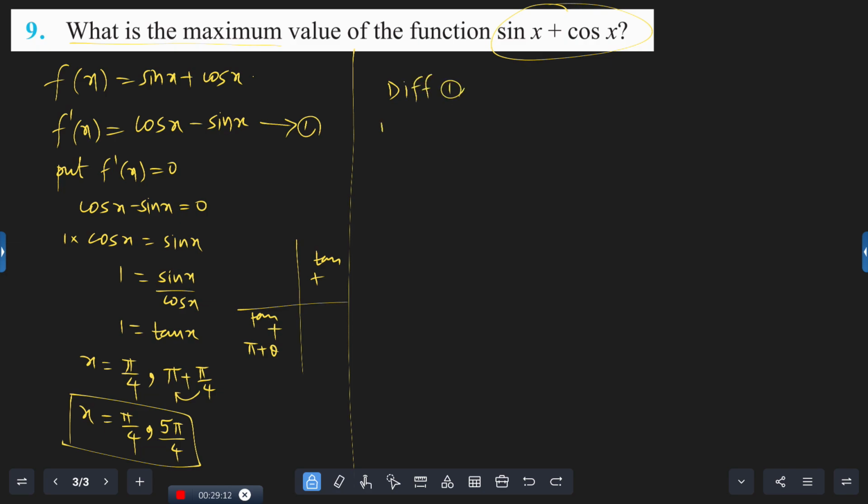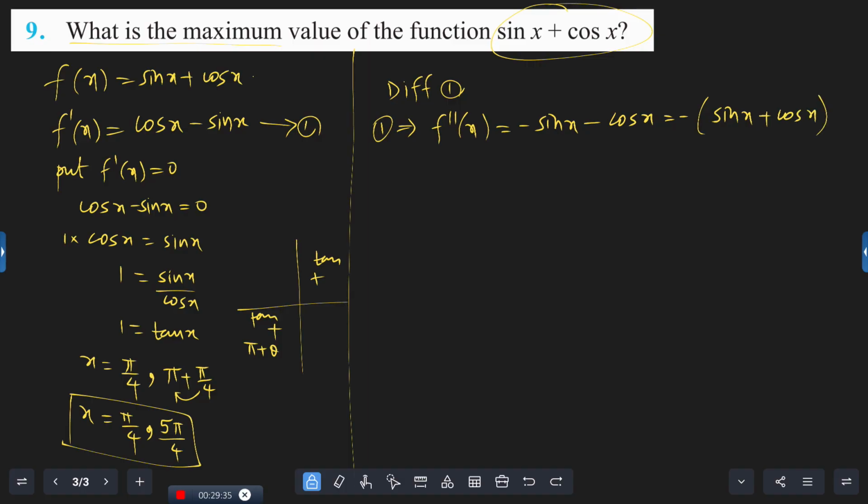So when I differentiate, the double derivative of the function: cos derivative is minus sin, sin derivative is cos. You can take minus outside, so minus of sin x plus cos x.